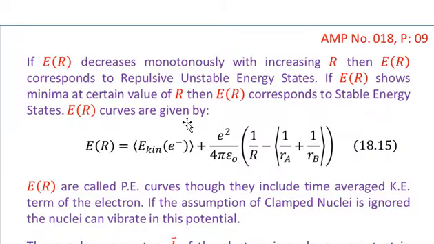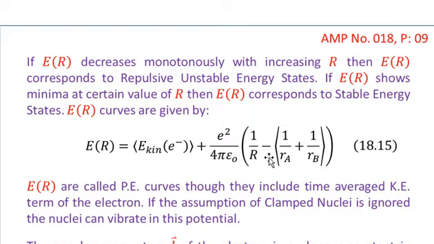So the E of R curves are given by the expression we have written before, and now we are going to write E of R more precisely. E of R is equal to the average kinetic energy of the electron plus the potential part, which is given by plus e square over 4 pi epsilon naught into 1 over R. 1 over R represents the repulsive potential.